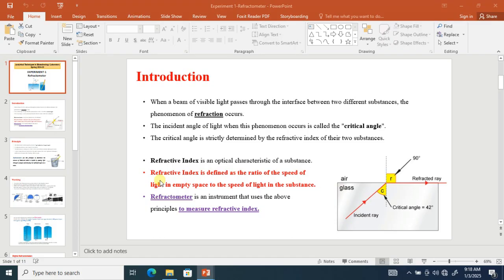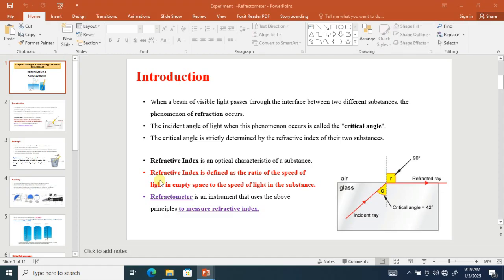If VA is the velocity of light in air, and VB is the velocity of light in water, then according to Snell's law, the refractive index is the ratio VA by VB, that is, the ratio of the speed of light in vacuum or air to the speed of light in the medium. And the refractive index for any medium is constant.